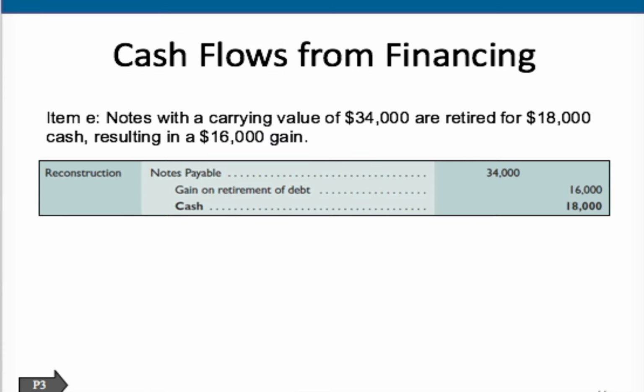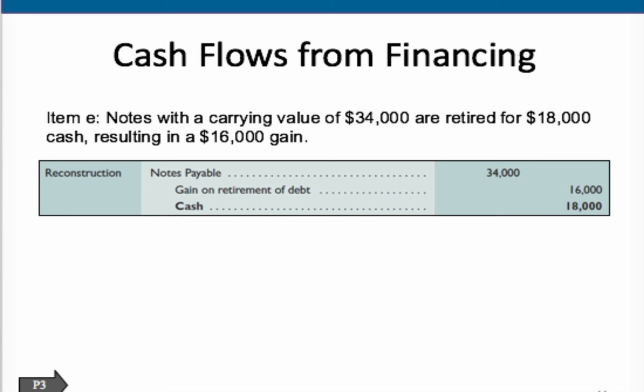The second stage explains this change. Item E of the additional information provided earlier reports that notes with a carrying value of $34,000 are retired for $18,000 cash, which resulted in a $16,000 gain. You see the reconstruction of that entry shown above.